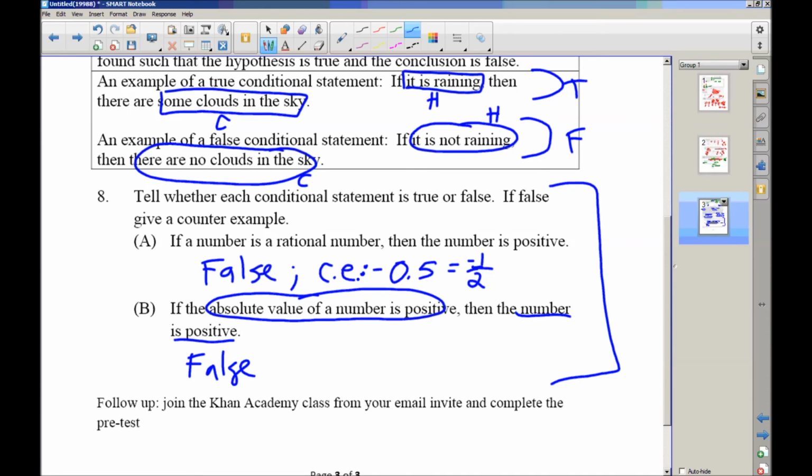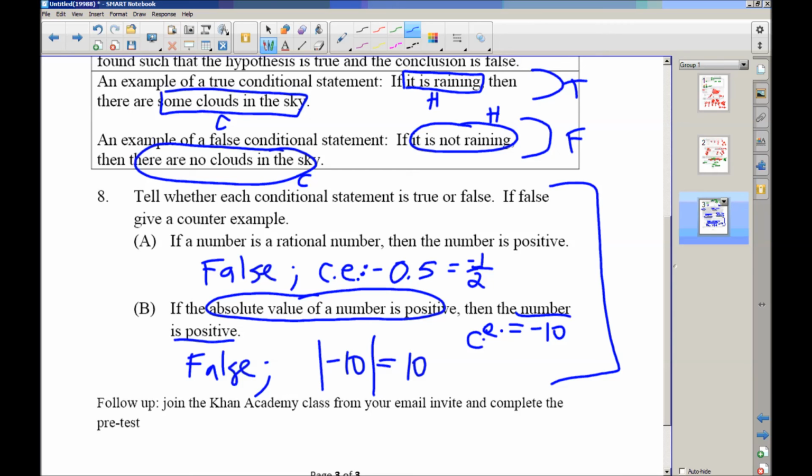The absolute value of a number is positive. Here's my counterexample: I'm going to go with negative 10. The absolute value of negative 10 is 10. Then is the number itself positive? No. So here's my counterexample, negative 10.